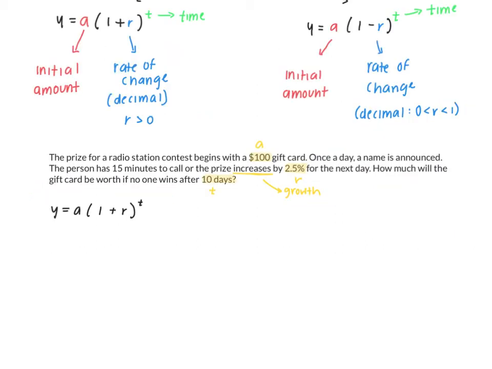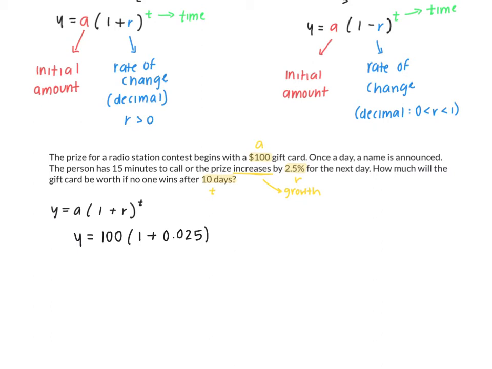So let's plug all of that into our equation. We have y equals, and then we decided that a is 100 times 1 plus r. If our rate of change is 2.5%, then written as a decimal, that is going to be 0.025.